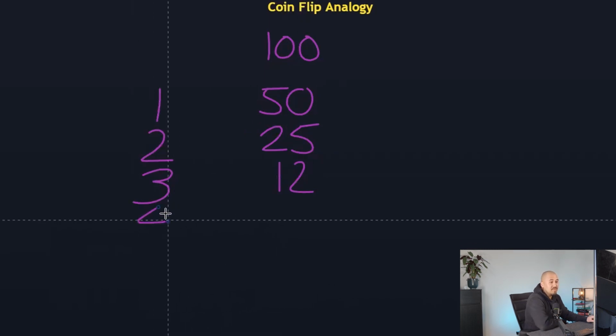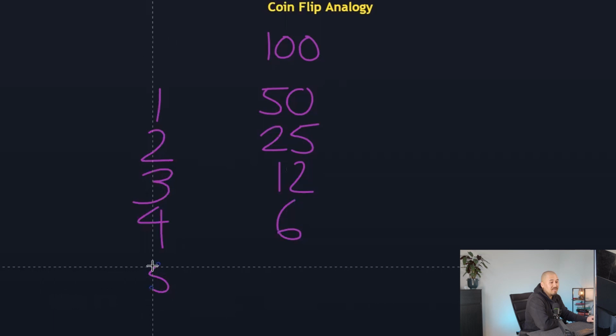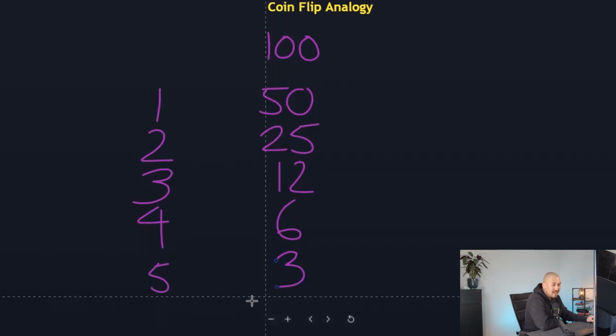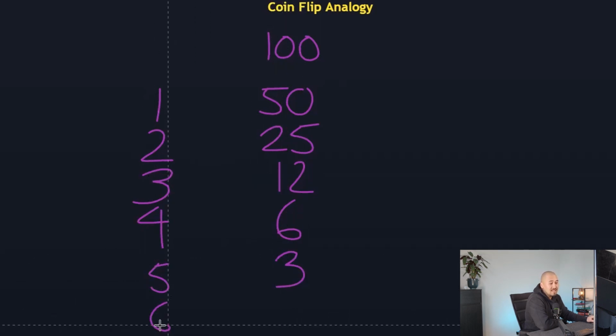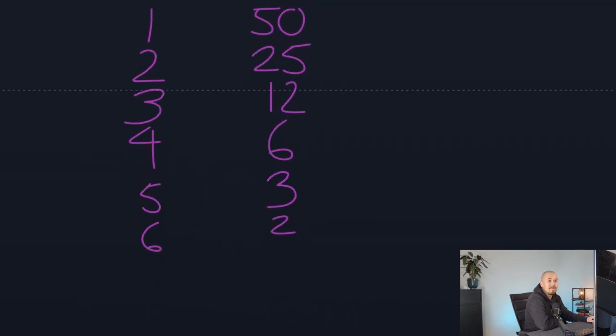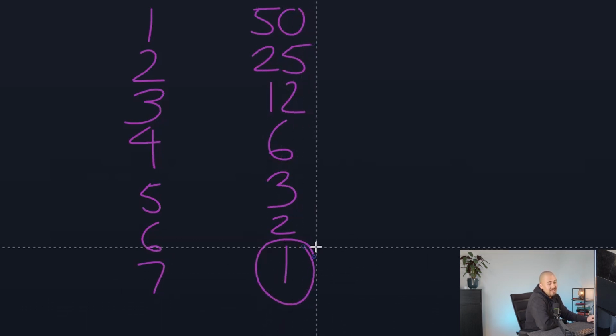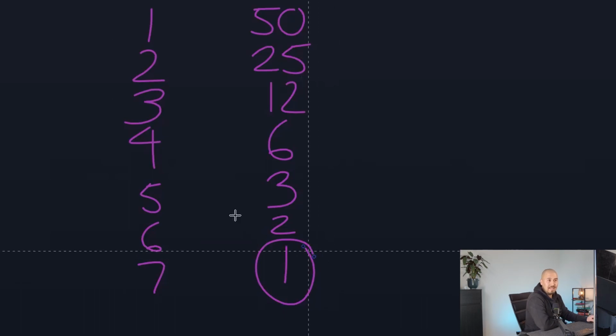Now, in round four, that would go down to roughly 6. In round 5, that would go down to 3. Now, in round 6, let's just say it went to 2, because you can't really do 1.5. And in 7, you finally found a winner. So this person here, they ended up winning $1 million.